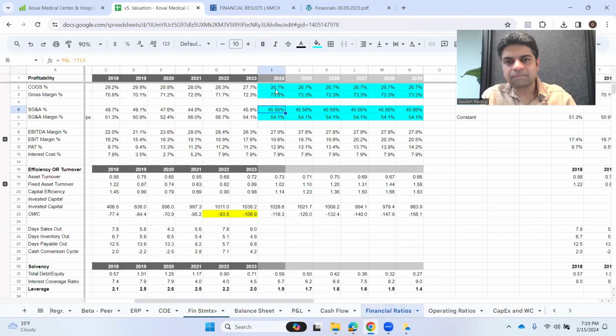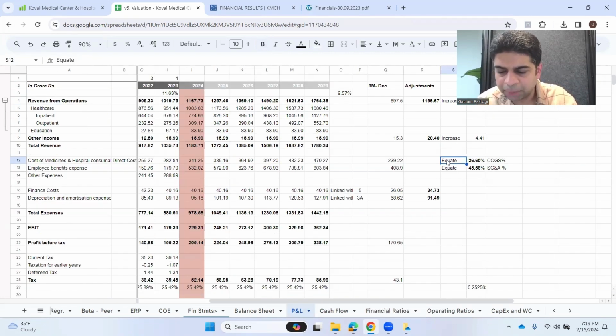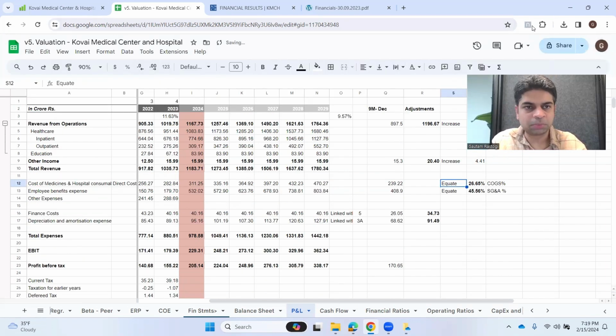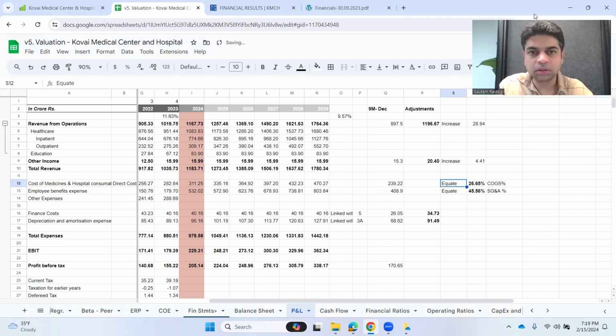So this adjustment has been done. Now let me remove this and mark this as done, otherwise I'll forget. It's always a good practice to do that. That's why I'm showing you all these steps. So basically this is done.